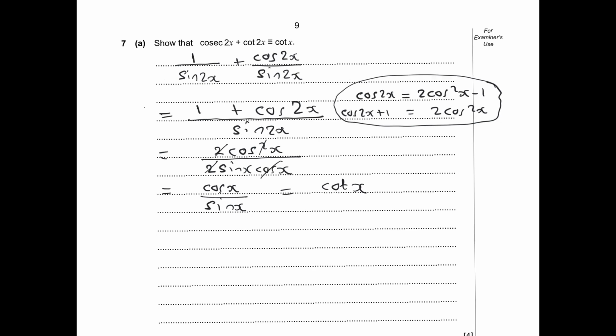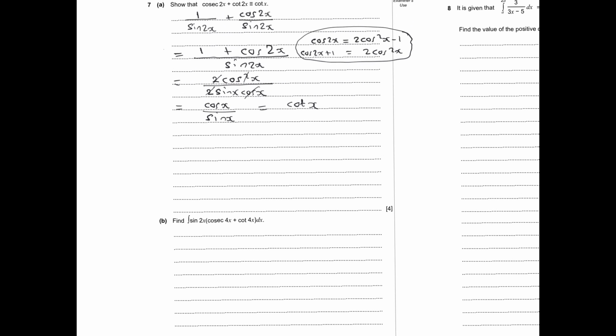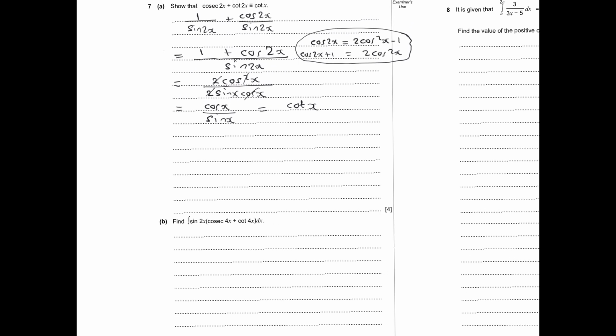Okay, now the B part, the question now is find the integral of this. Now it's always important every time when you see questions at this level, if this is question A and that is question B, normally there may be some relation that is actually there, so you may take it as if it's an hence question.